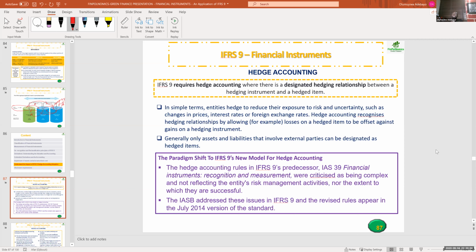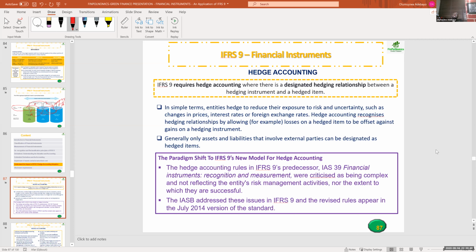Therefore, to hedge volatility, I can enter into a swap contract, which we discussed yesterday and 2 days ago, where I can more or less enter into a contract for future delivery of dollars to me at an agreed price, which we have done today. And therefore, my hedged item is the borrowing I'm exposed to pay in foreign currency, while my hedge instrument is the swap contract that I've written on it.